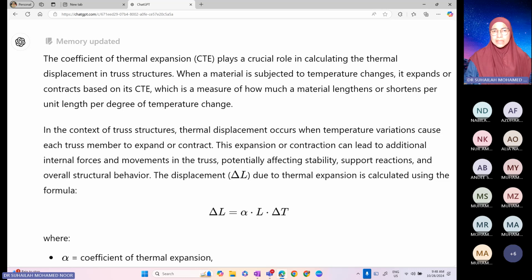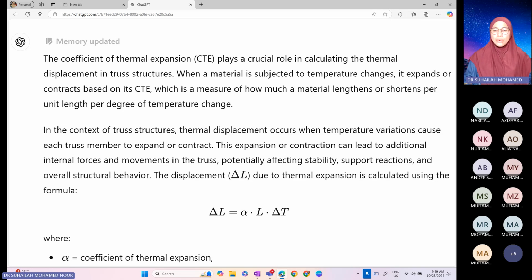Soalan flexibility method, beam dengan frame, biasanya effect yang akan ditanya adalah effect from support settlement. Tapi kalau soalan tu soalan truss, effect yang akan ditanya adalah from temperature changes and also fabrication error.